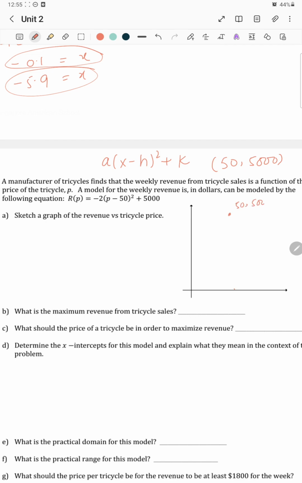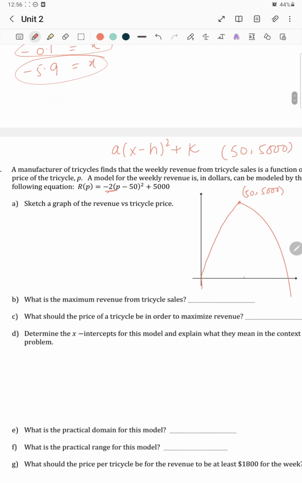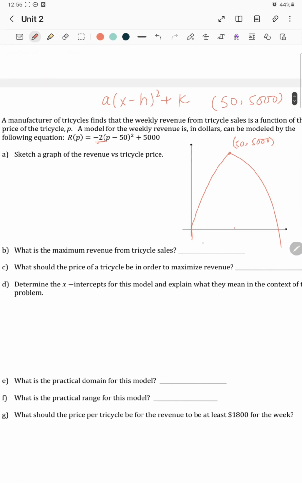So this is the vertex point, and a is negative 2, so it's going in the opposite direction, opening downwards. Okay, so this is the graph. The maximum revenue of the tricycles is $5,000.